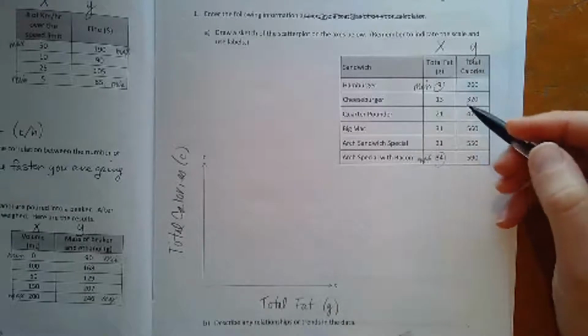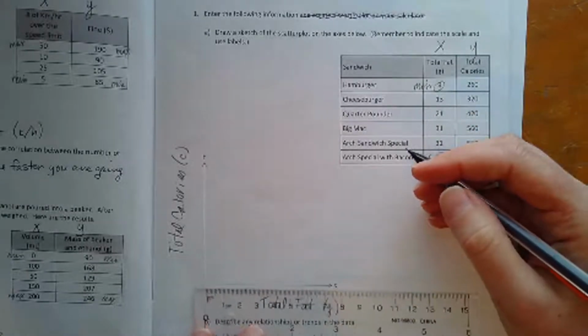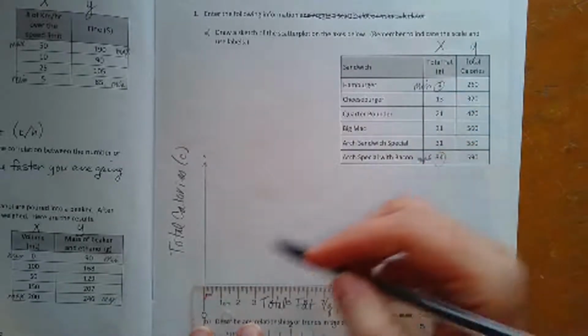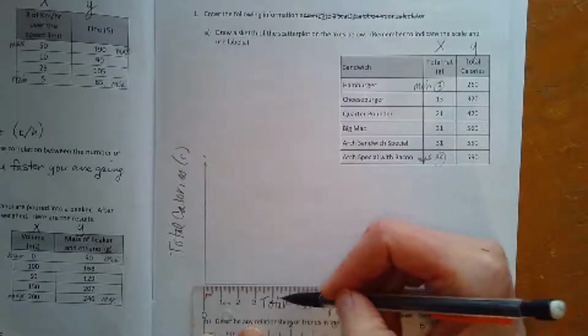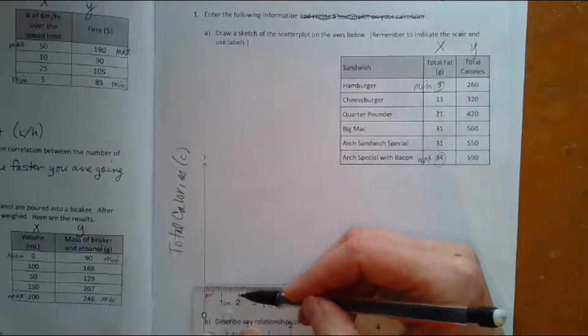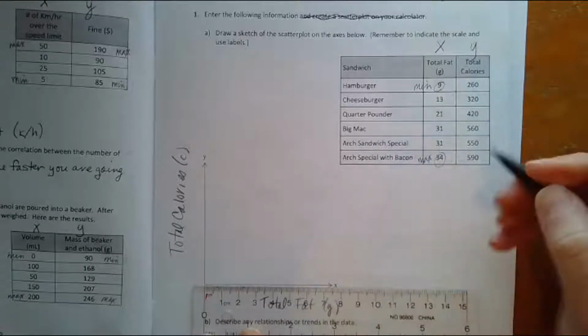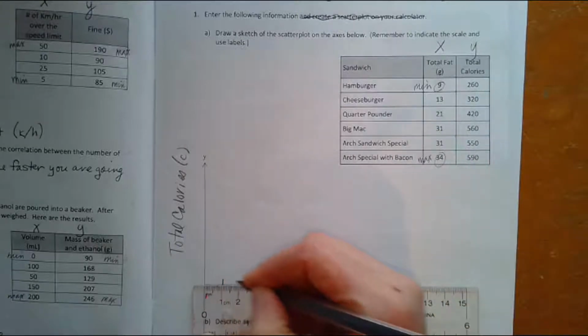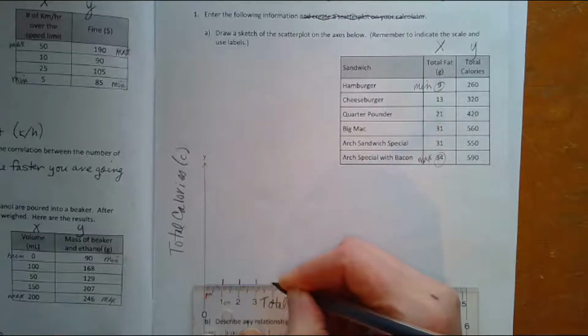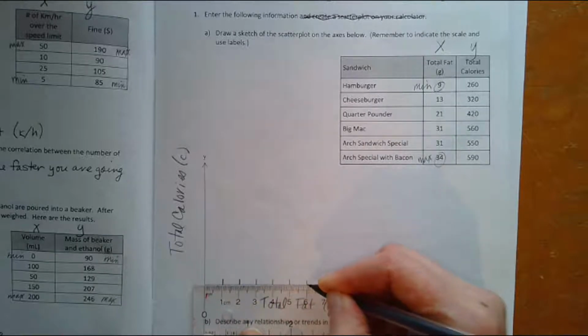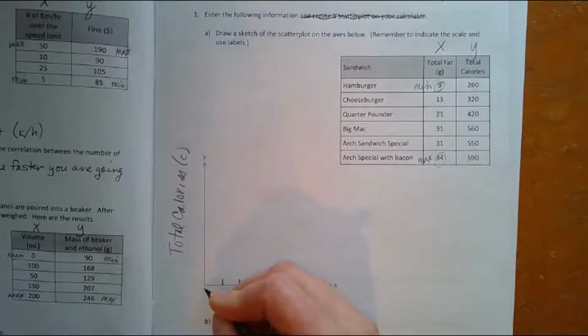So let's see, if I go up by 10s maybe, or by 5s, let's see if I can go up by 5s. 5, 10, 15, 20, 25, 30, 35. That would be nice. In some ways, the smaller increments you can use, the better, because then it allows you to graph a little easier.